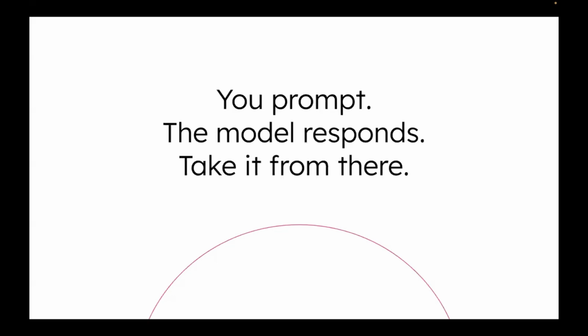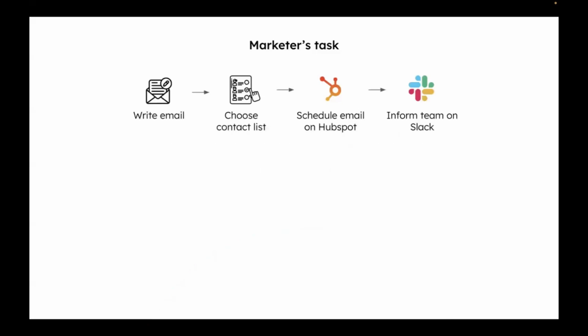To understand this better, let me take the example of a marketer wanting to send out an email. This is probably how the workflow would look. They would first write the email, choose a contact list to send that email to, schedule that email on a campaign tool like HubSpot, and finally inform the marketing team on the messaging channel.